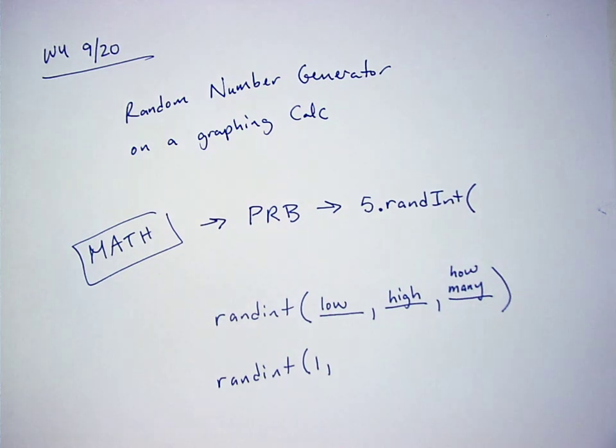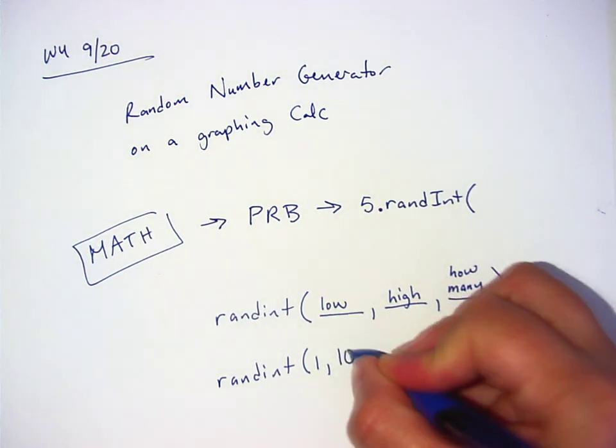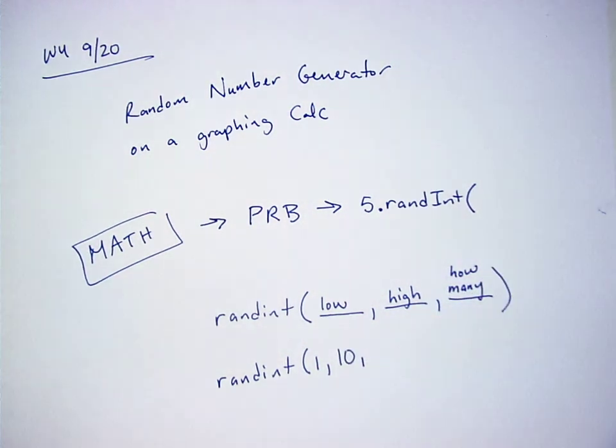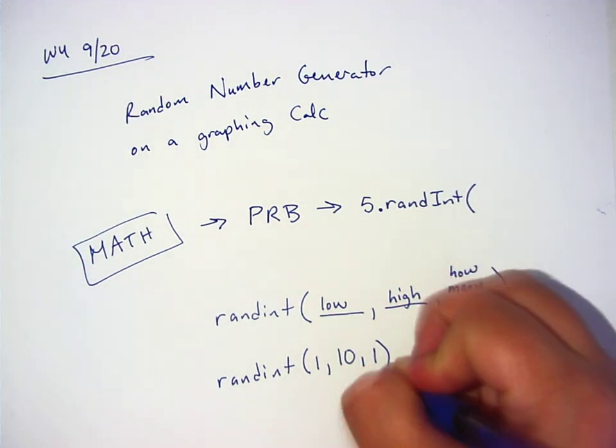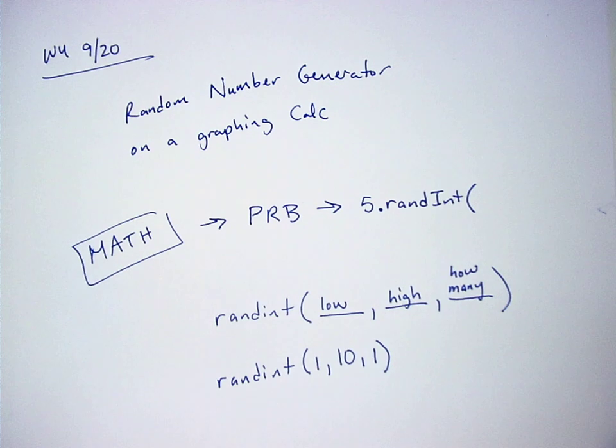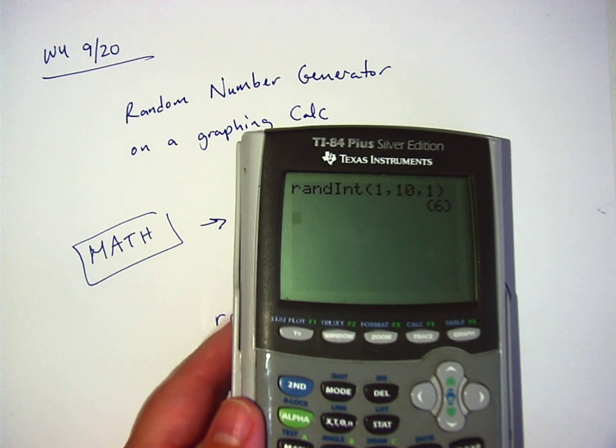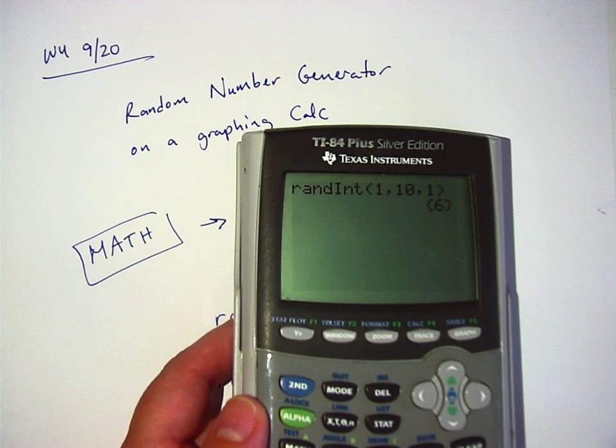So 1, comma, 10 is the highest number, comma, and then what? 1. I only want one number back, so it'd be a 1. And then hit enter. I got 6. What'd you get? 2. Lou, what'd you get?